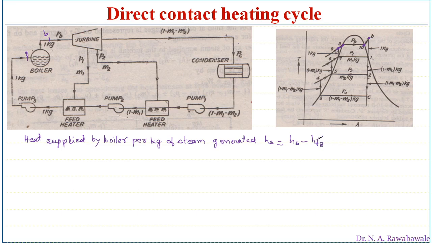HF indicates it is a liquid state. HB is the enthalpy of steam coming out of this boiler. So now we know work done as well as heat supplied. Therefore, we can find out the efficiency of a regenerative cycle.